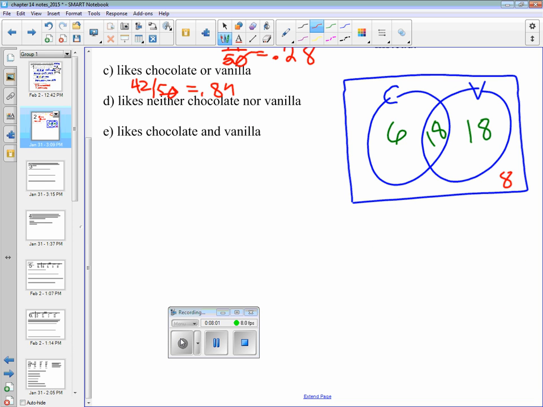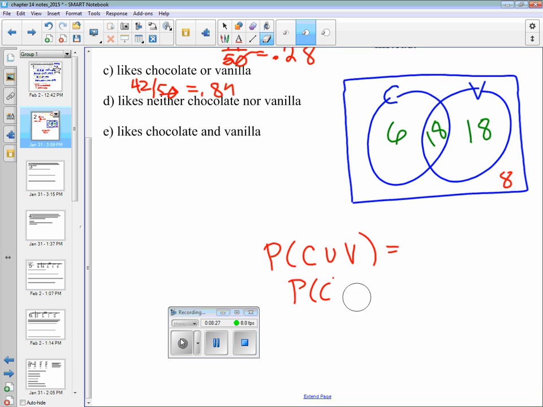Okay, so let's just kind of take a step back for a second. Remember that if we like chocolate or vanilla, chocolate, what's the symbol for or again? U, good job. Chocolate or vanilla, okay? Let's go ahead and write this formula in context. You remember how we did that? It's the probability of chocolate plus the probability of vanilla.